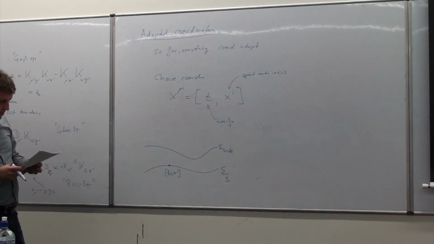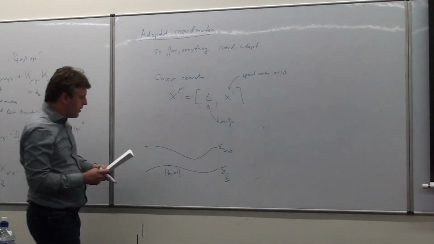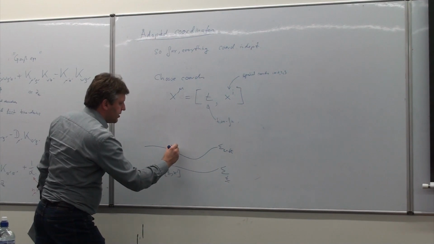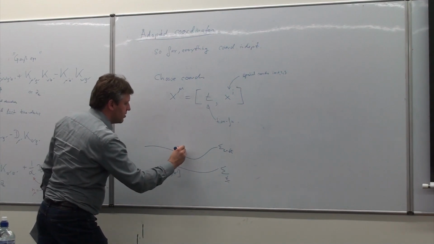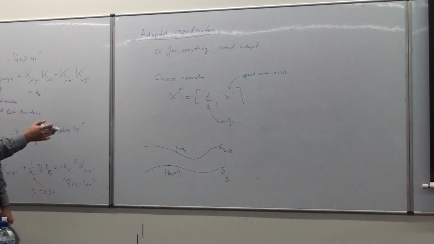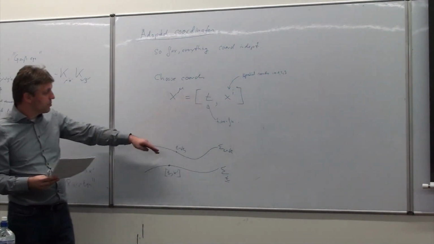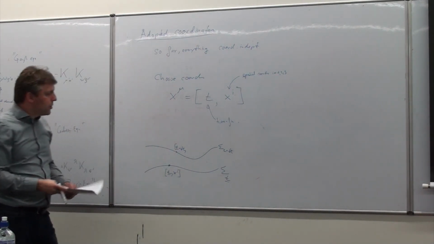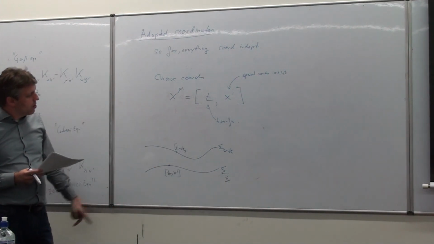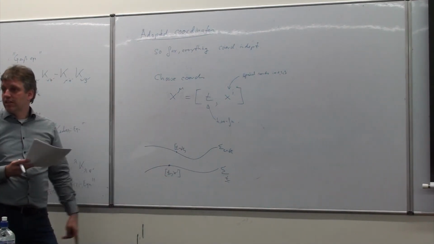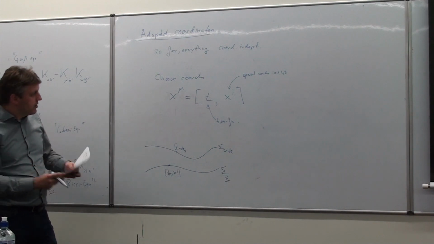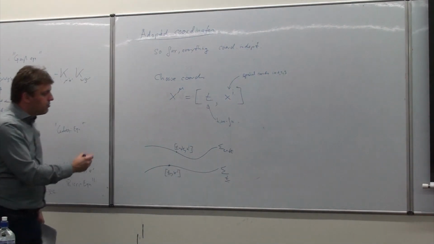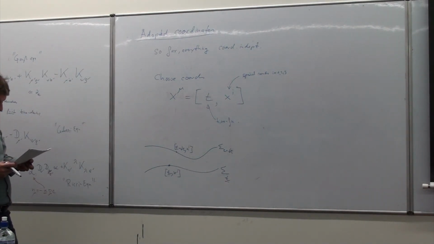All the points on this hypersurface have a time coordinate t plus delta t, because that is the definition we've put down for our first coordinate number. But we now get to choose which point on the second hypersurface corresponds to the same point xi on the first hypersurface. And so in general, that will be some point on the second hypersurface.